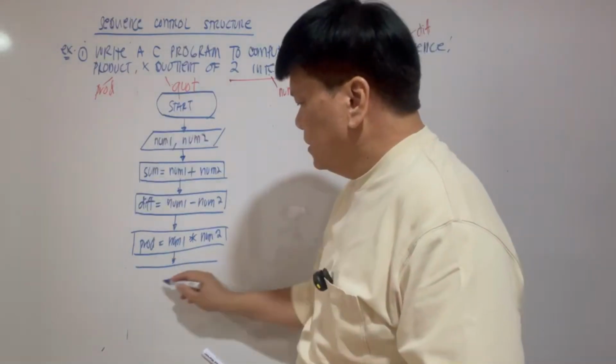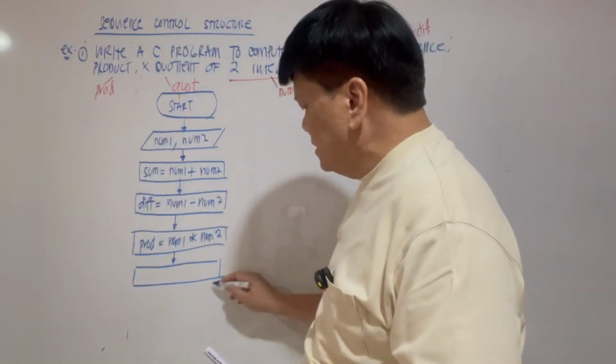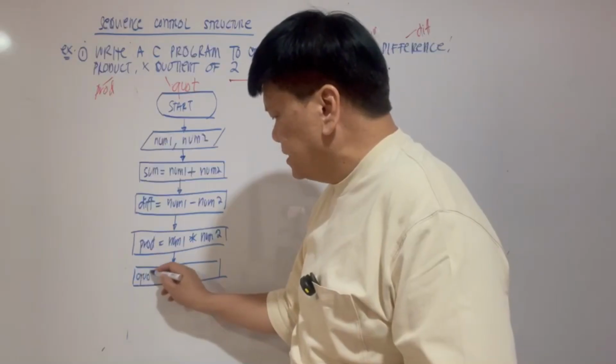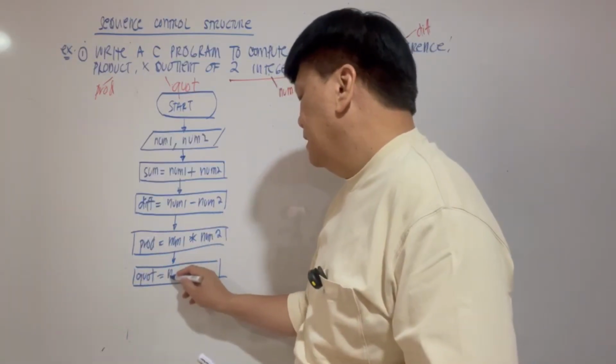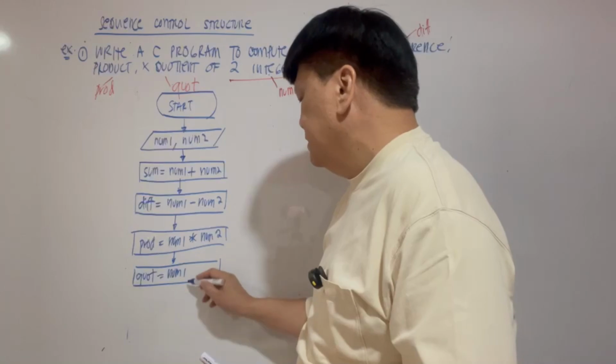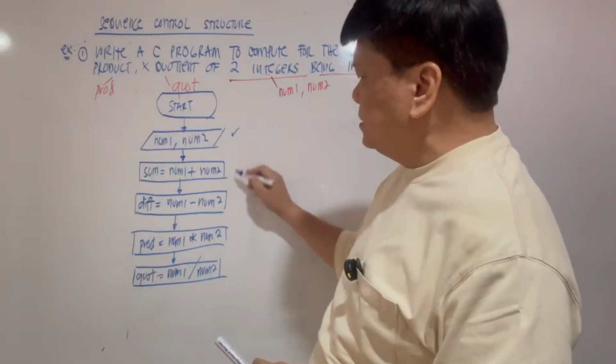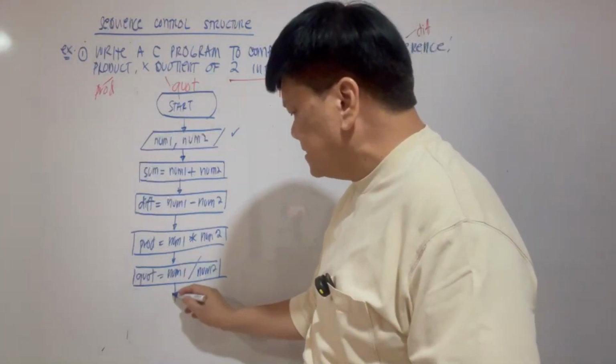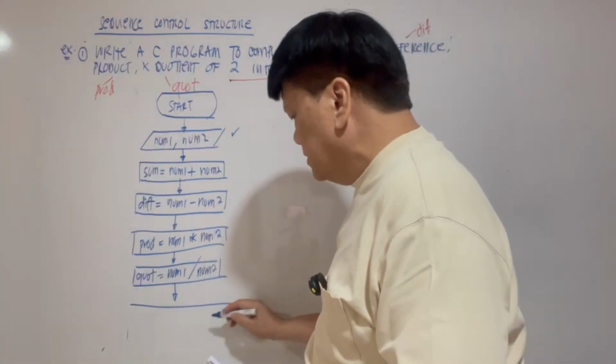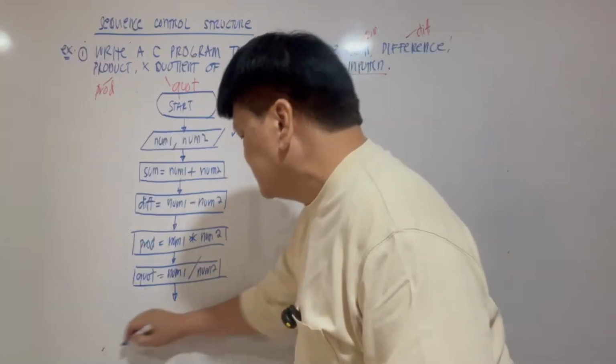Last, we have the quotient. We use the variable quote here to get the quotient: num1 divided by num2. So we have the input, process, and then next is the output, displaying the results.